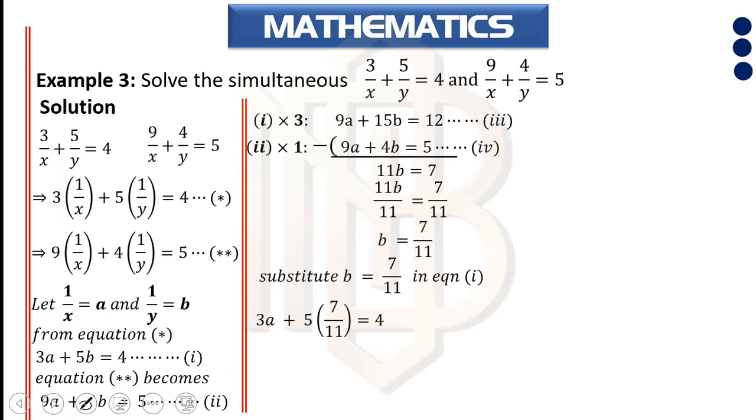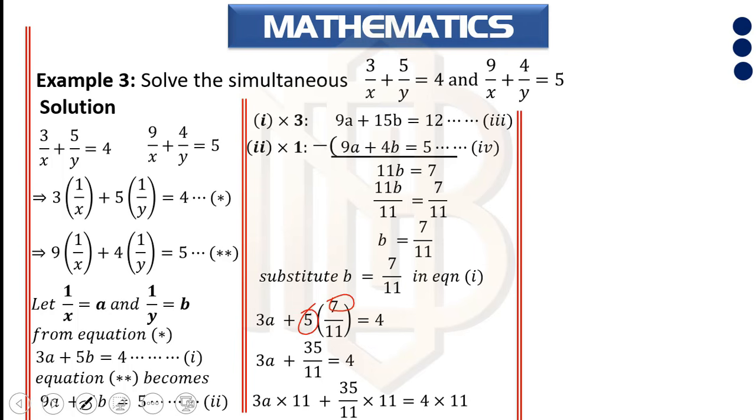So now for equation 1, it gives us this, and if you evaluate further, 5 times 7 will give you 35, which you're going to have this, and from there, we multiply through by 11 to eliminate the fraction from the equation, which is going to give us this.